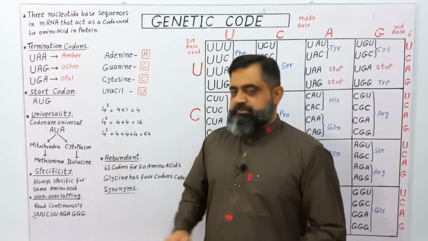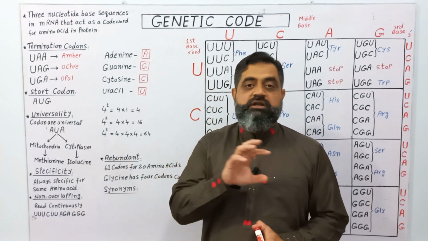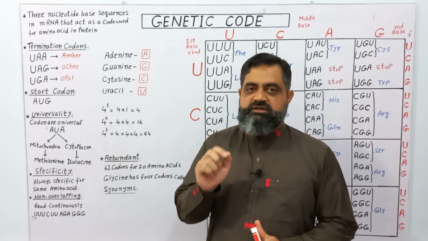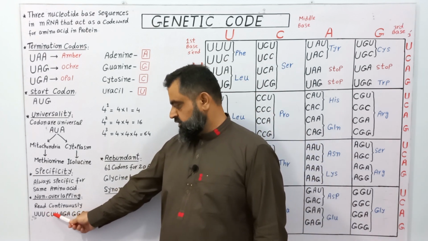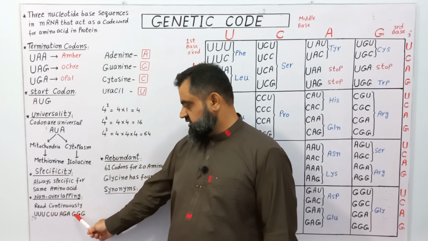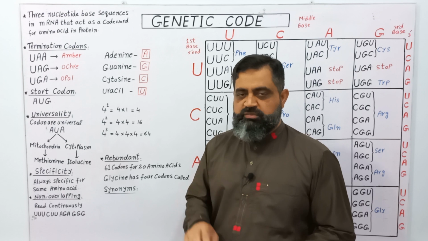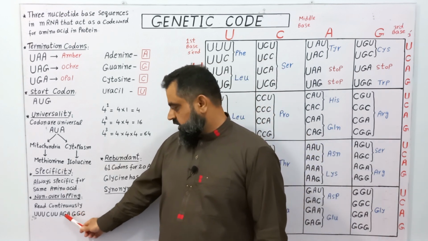They are non-overlapping. It means that they can be read continuously without any comma, full stop or any other kind of mark. Like there is a genetic code UUU, CUU, AGA, GGG. So we are going to read it continuously without any comma or punctuation. So there are 4 genetic codons right over here.